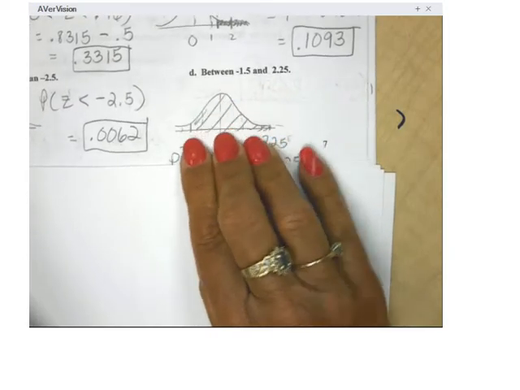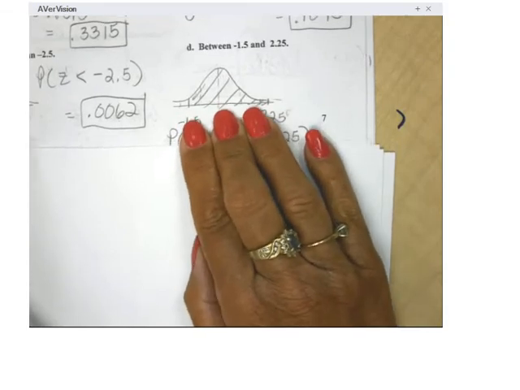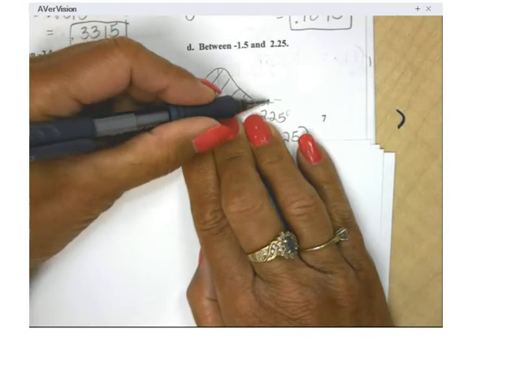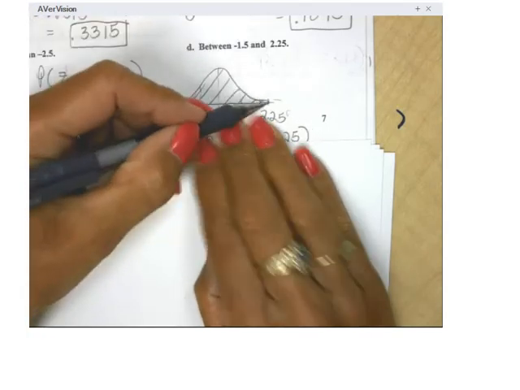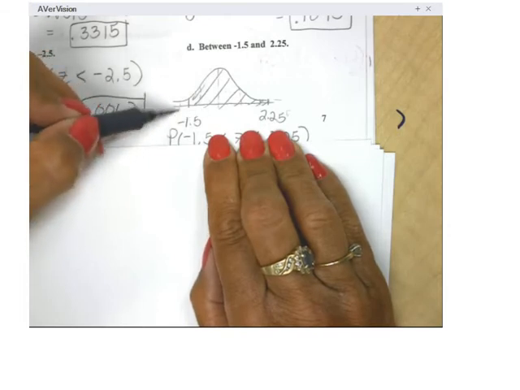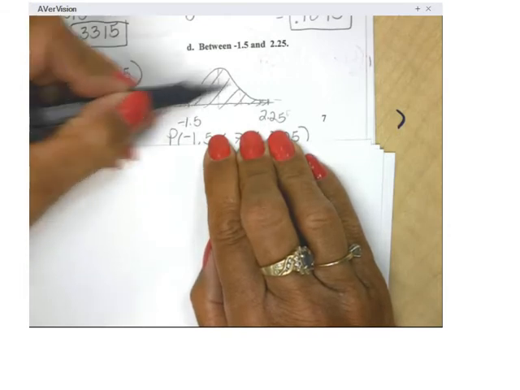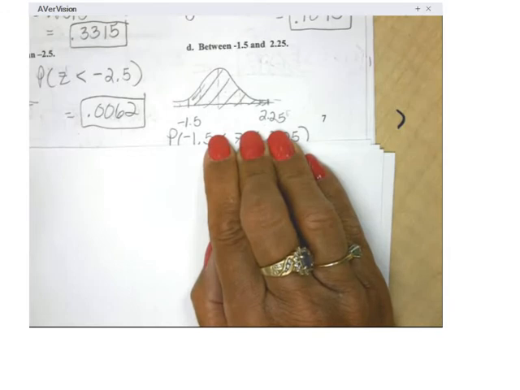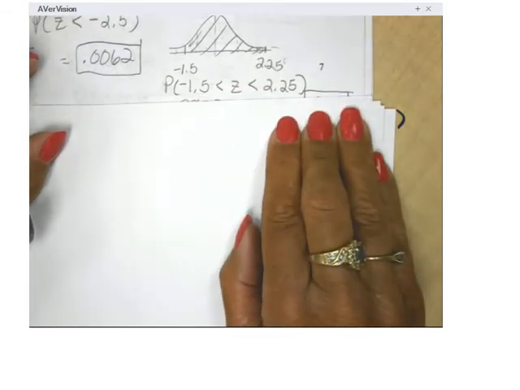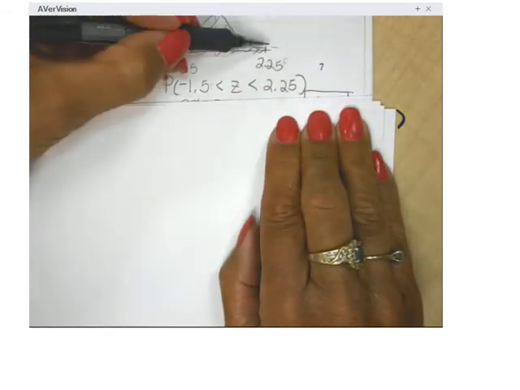And the last one on this page, we want to find what's the probability you randomly pick a number, and it's between negative 1.5 and 2.25. I draw my picture. I know that's a large chance. So again, 0, 1, 2, positive 2.25 way up here, negative 1, negative 2 here, about negative 1.5, and I shade in between.